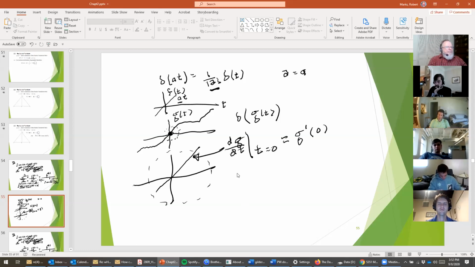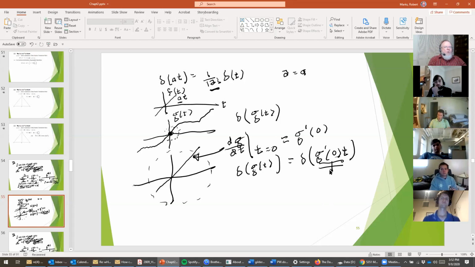Therefore, our delta of g(t), if we put it under the magnifying glass, is the same thing as delta of g prime of 0 times t. In other words, this is the slope of the line under the magnifying glass. So this takes on the role of A, doesn't it? That takes on the role of A.